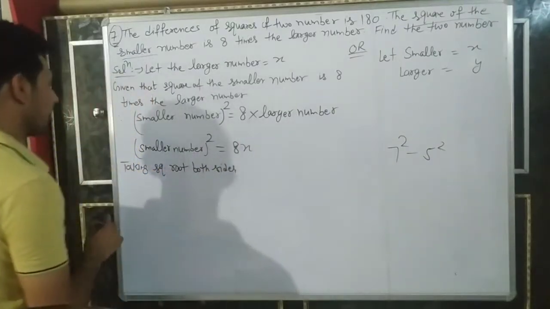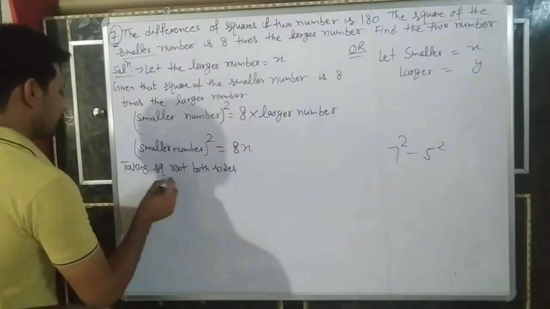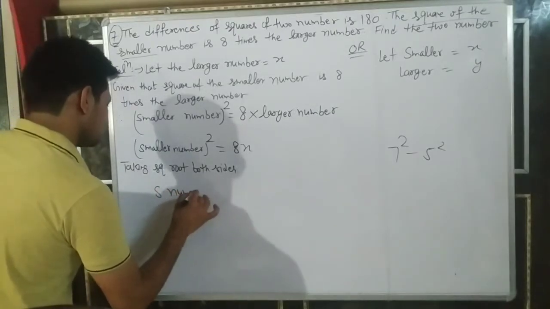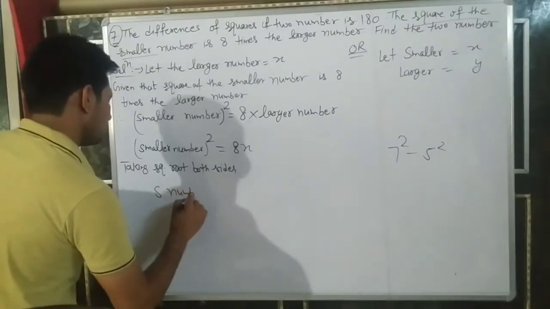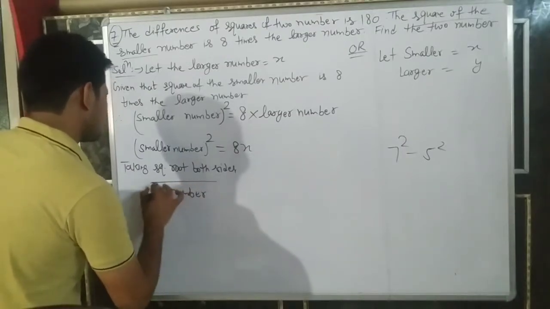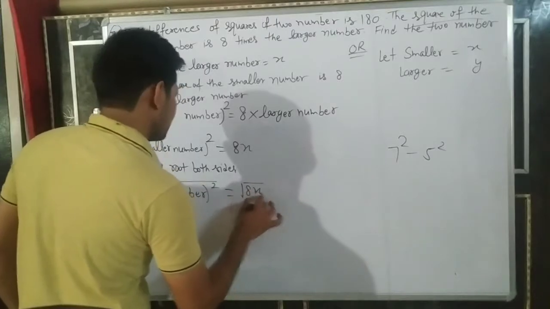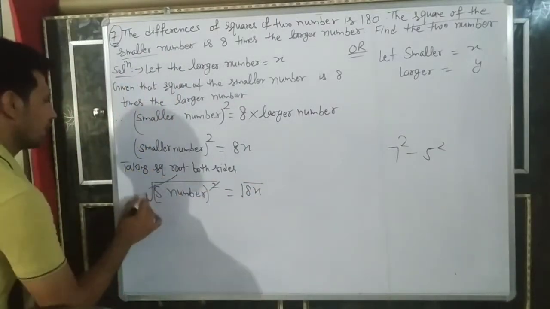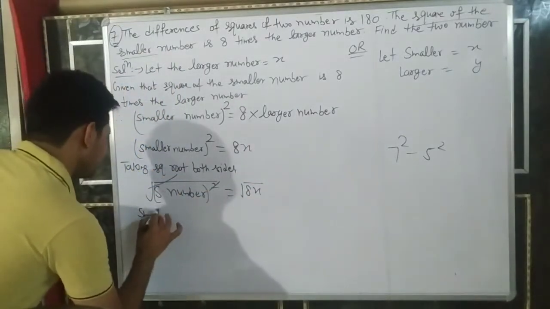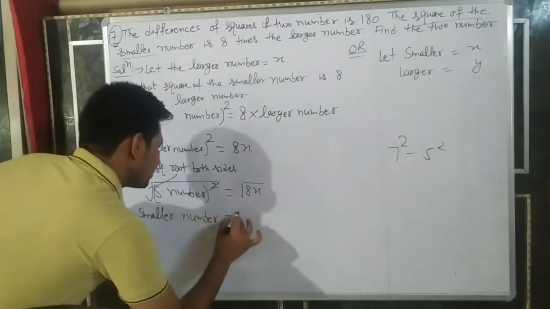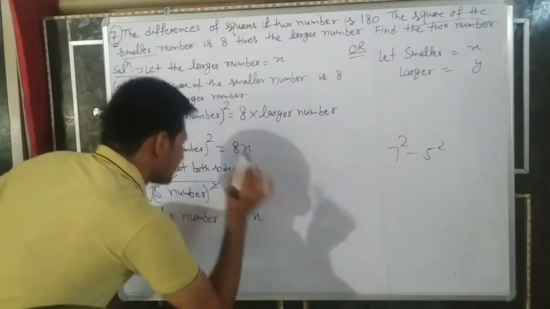So the smaller number equals under the root of 8x. Square cancels the square root, so the smaller number equals root 8x.